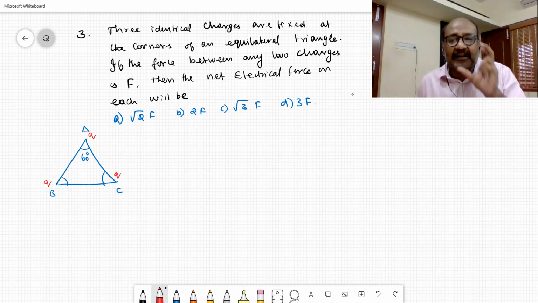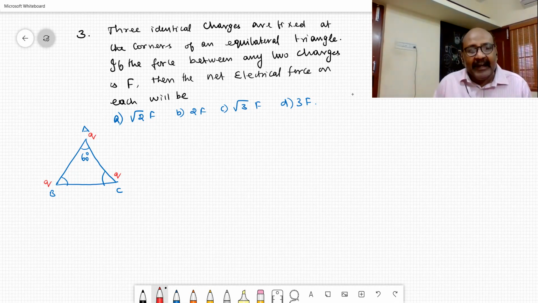See, the force between the two charges is considered to be F. If I am calculating the force between the charge at A and the charge at C, the force will be acting along the line joining the charges in this direction, and the value of the force is F. Similarly, if I am calculating the force on this charge Q at C due to the charge at B, then it is along the line joining the charges acting in this direction, and the magnitude of the force is F. So at this point C, I am having two forces acting, and the angle of inclination between the two forces is considered to be 60 degrees.